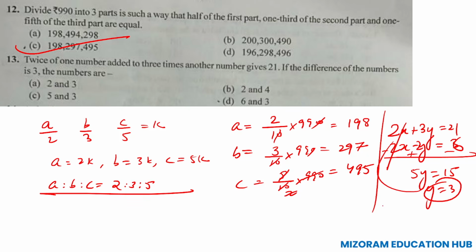Immediately in the first equation, 2x plus 9 equals 21, so 2x becomes 12 and x will be 12 by 2, that is 6. So 6 and 3 is the correct answer.